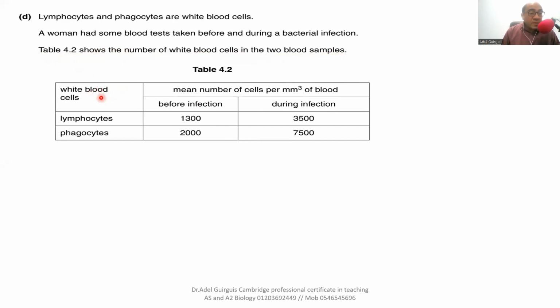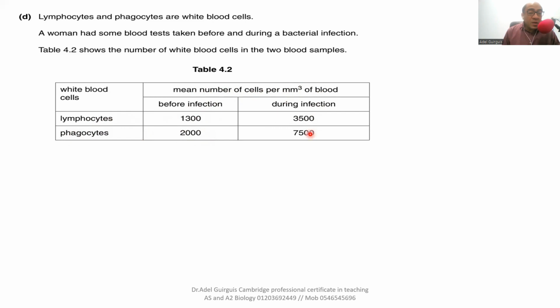She gave two blood samples to the medical lab, before infection and during infection. The mean number of cells per cubic millimeter of blood: before infection, each cubic millimeter of blood contains 1,300 lymphocytes and also 2,000 phagocytes.